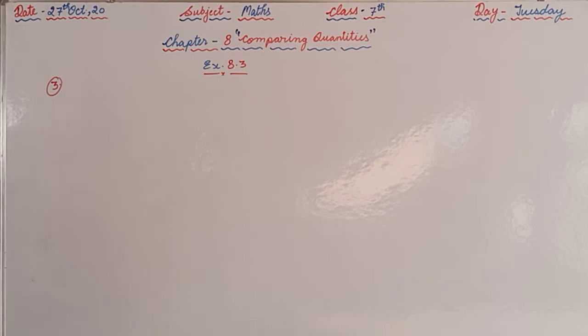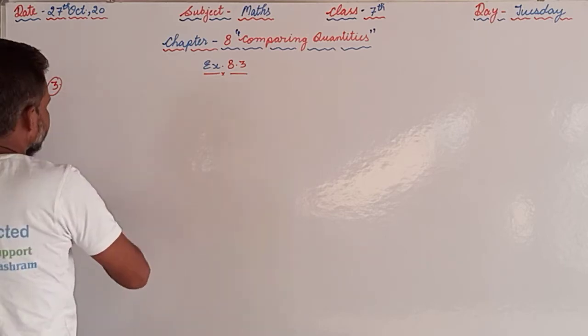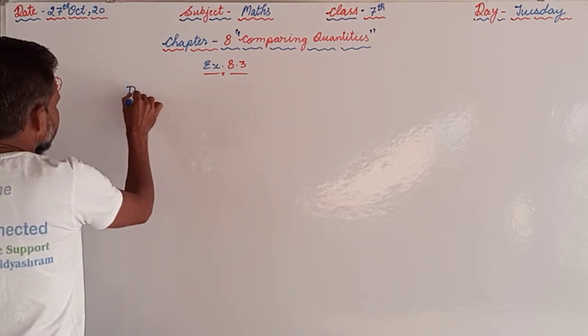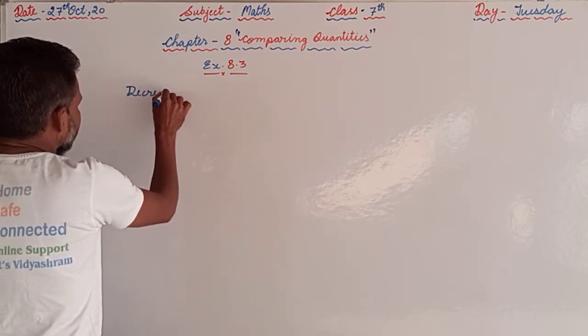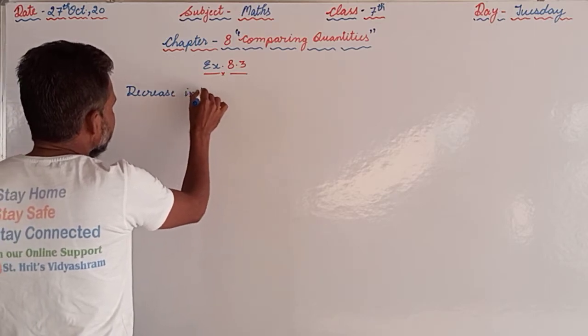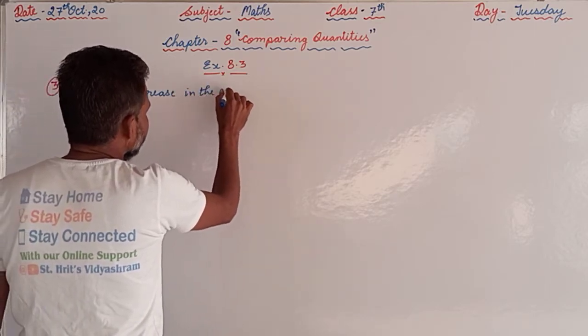So question number 3 is, the population of a city decreased from 25,000 to 24,500. Find the percentage decrease. So decrease in the population.